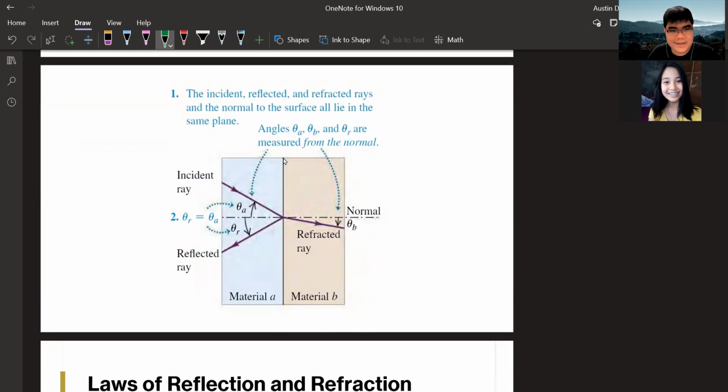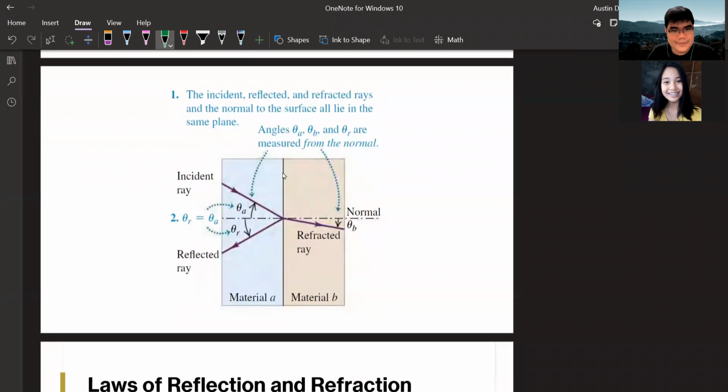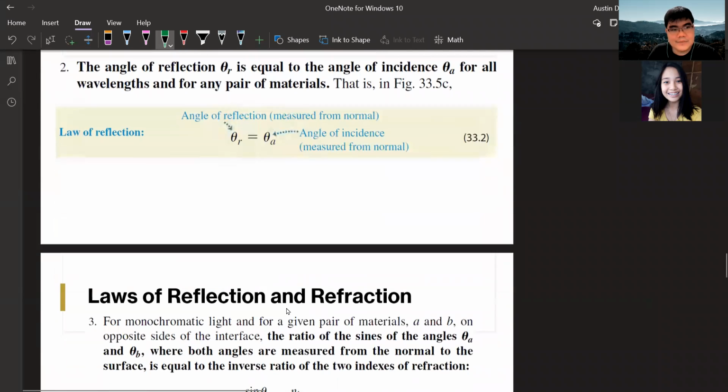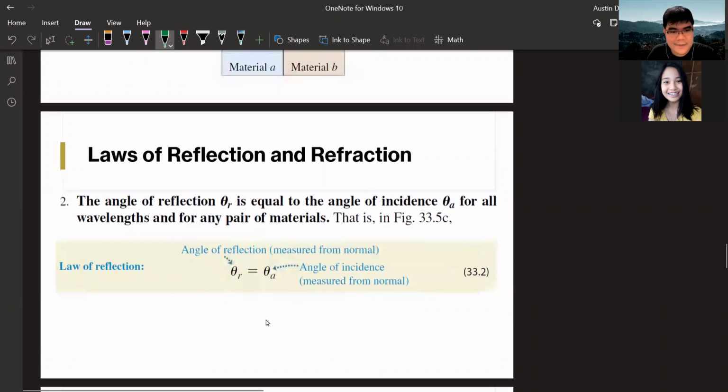And it is perpendicular, it says, to the plane of the interface. It's perpendicular here, right? Because this line is out of the page. And then the law of reflection, we know this: the angle of incidence is equal to the angle of reflection, for all wavelengths and for any pair of materials.